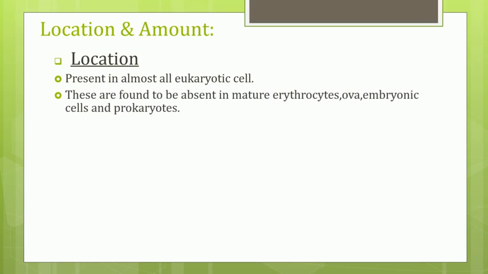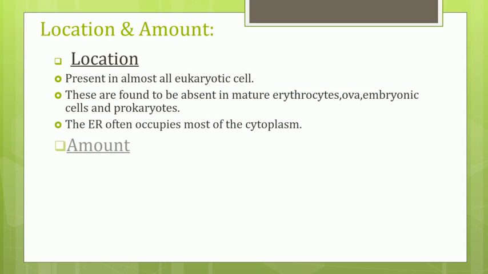However, it is absent in the mature erythrocytes, ovum, embryonic cell, and the prokaryotic or bacterial cells. The ER often occupies most of the cytoplasm because it is a net-like structure, so it is present throughout the cytoplasm.